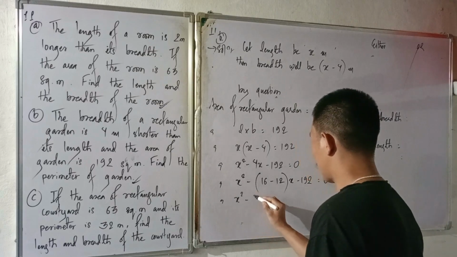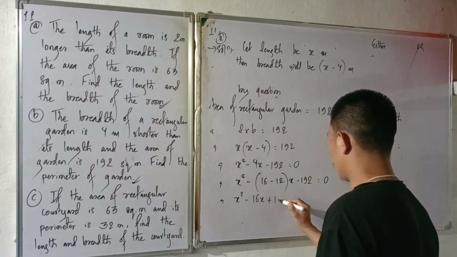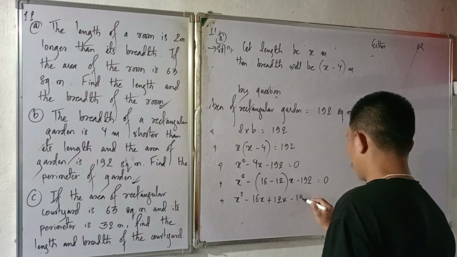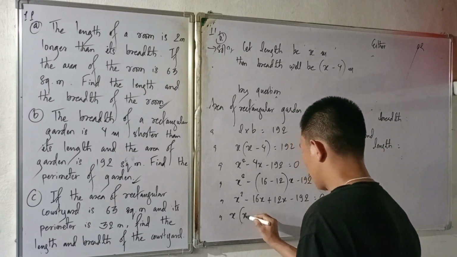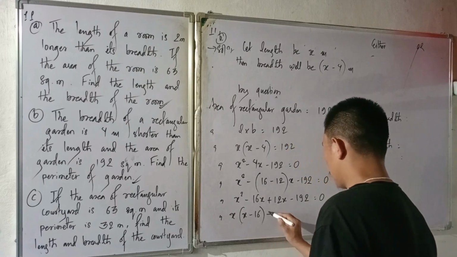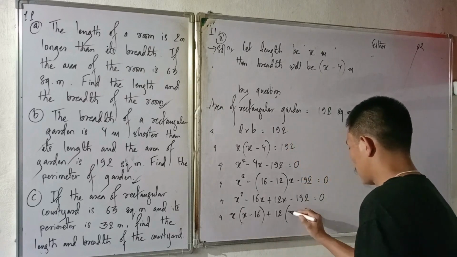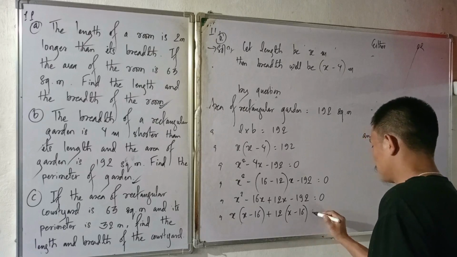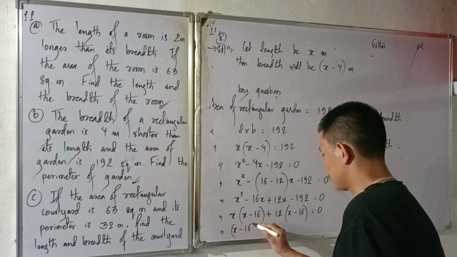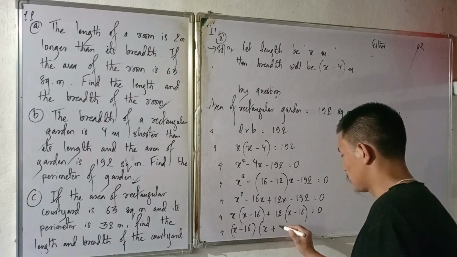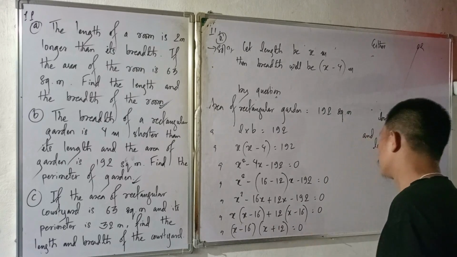Or x square minus 16x plus 12x minus 192 equals 0. Or x times x minus 16 plus 12 times x minus 16 equals 0. Or x minus 16 times x plus 12 equals 0.